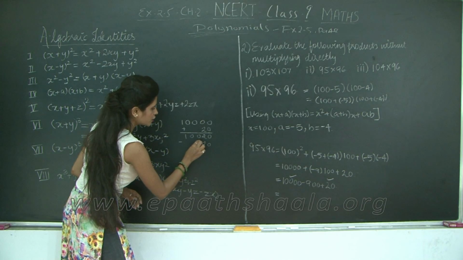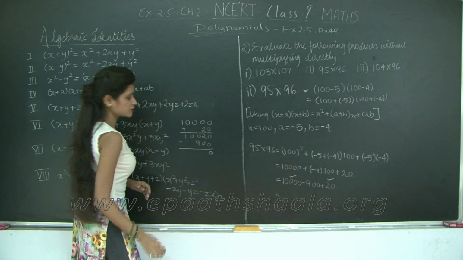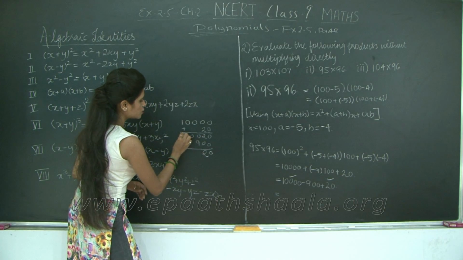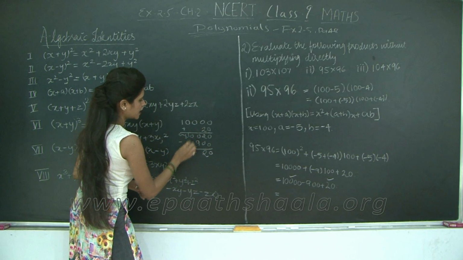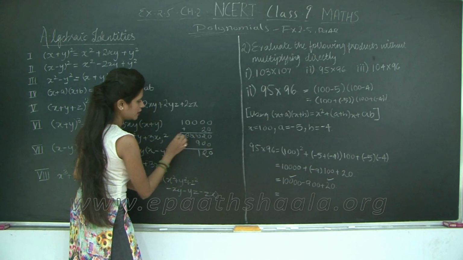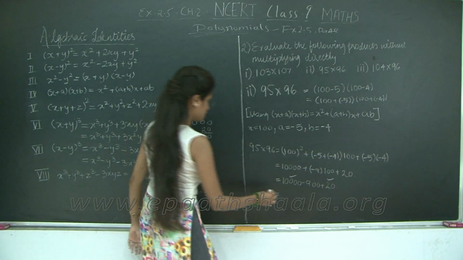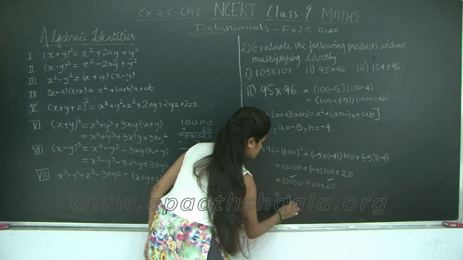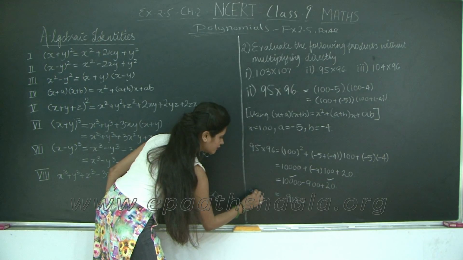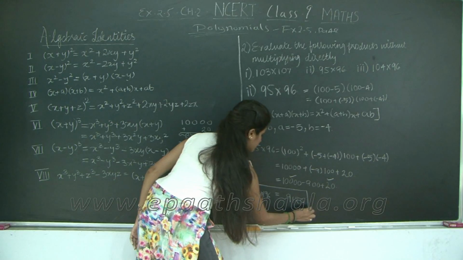I start writing from the units place, then tens place, then hundreds place. So 0 minus 0 is going to give me 0. 2 minus 0 is going to give me 2. Now I need to carry forward, borrow. So 10 minus 9 is going to give me 1 and 9 minus nothing is going to give me 9. So my answer would be 9120. So finally I have 95 into 96 is equal to 9120.